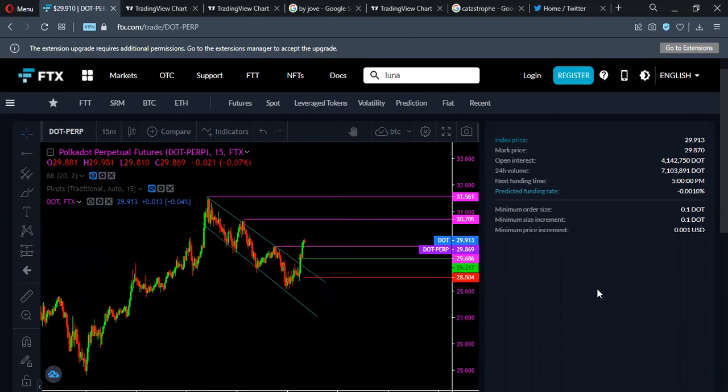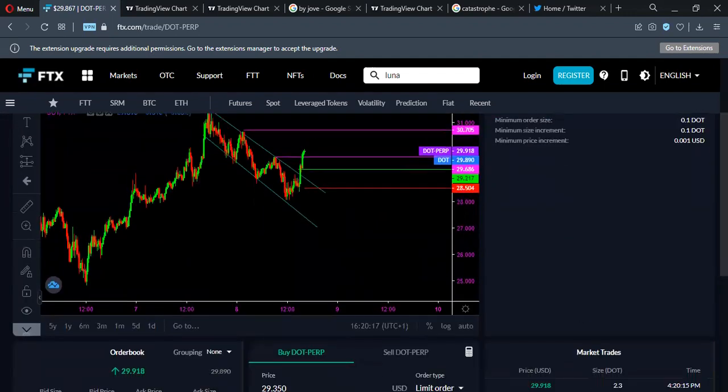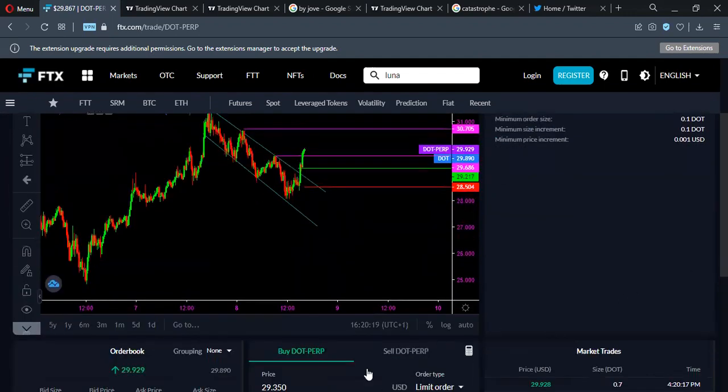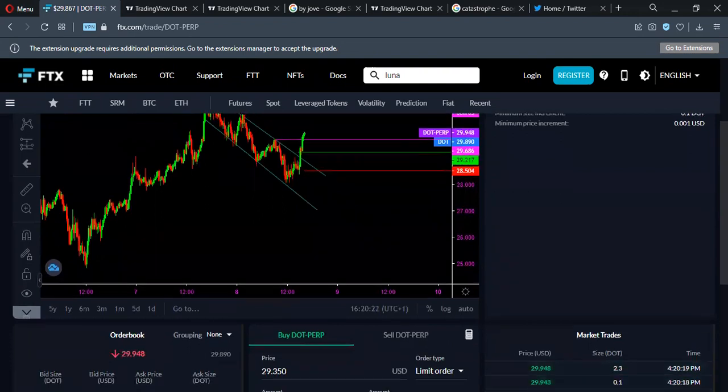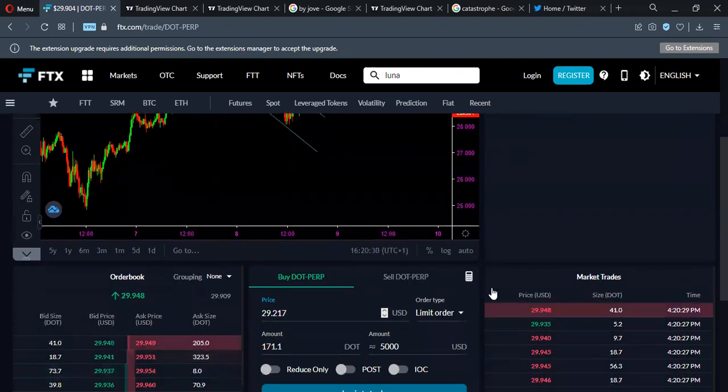Now, let's say we got this entry at 29.217. So we are buying this, it's a long opportunity, at 29.217. We're entering this trade with $5,000.